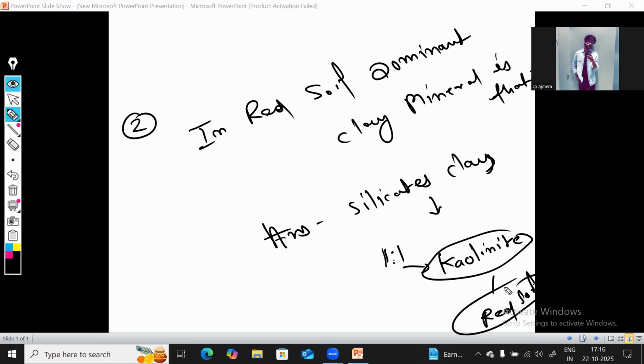It's a repetitive step, so we are not going to spend lots of time on questions that we earlier discussed. So in red soil, which dominant clay mineral is found? Kaolinite is the answer.